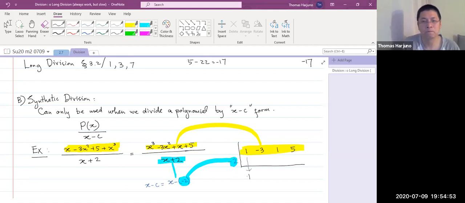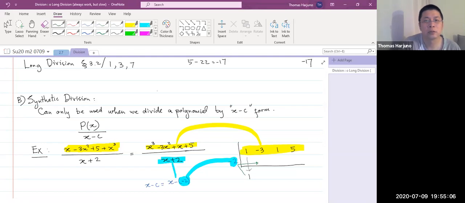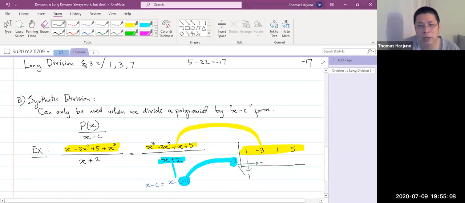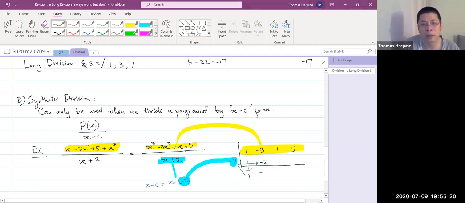Now then, we will do the following work. 1 times negative 2, put that number there. 1 times negative 2 is negative 2. And then you add this column, you get negative 5.